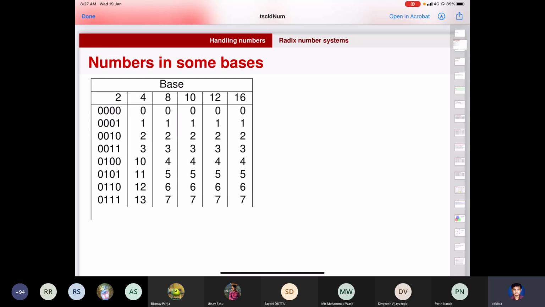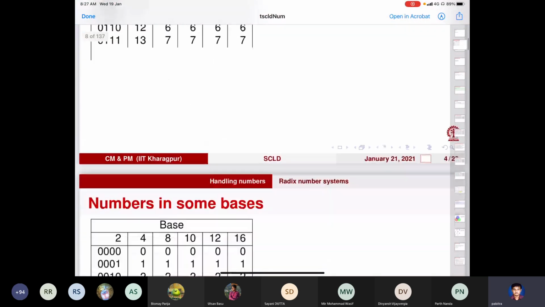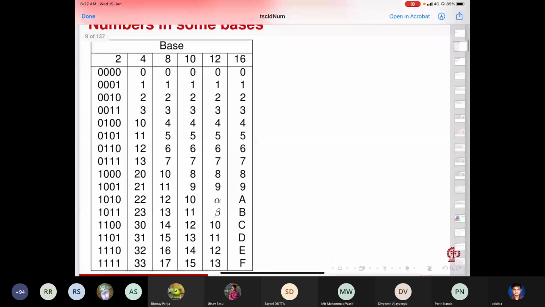For bases 12 and 16, you can see the numbers from 0 to 7 are identical. Also for base 10, and also for base 8, they are all identical. This is something you should keep in mind. This is an example of 16 numbers, from decimal 0 to decimal 15.